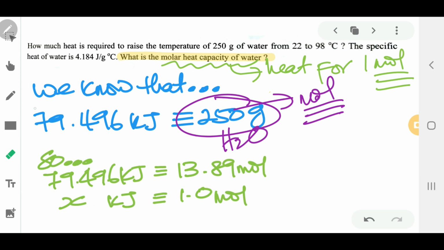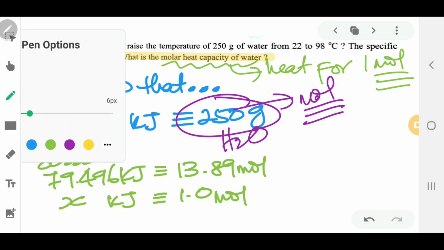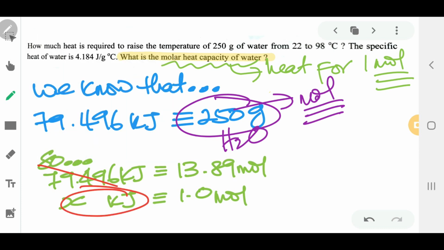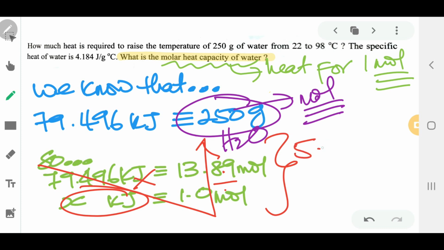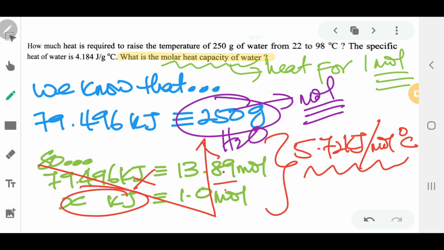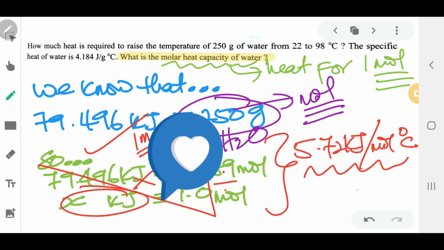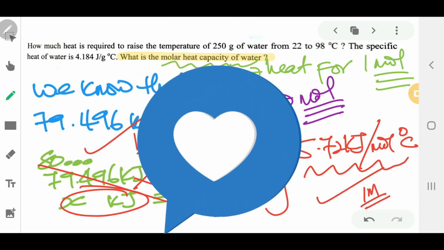When you compare that with 1 mole, you do cross multiplication, times and divide. So in this case, you will be able to get 5.72 kilojoule per mole per degree Celsius. Okay, per degree Celsius right there. So that is the answer. So you get 1 mark for the proportionality and 1 mark for the final answer.